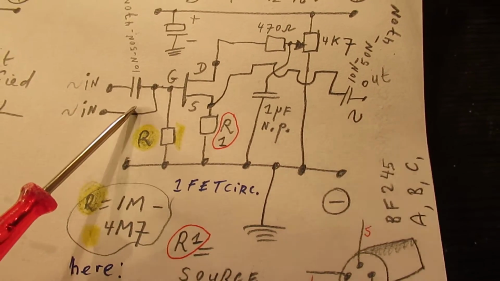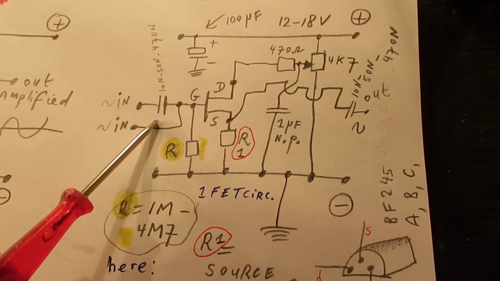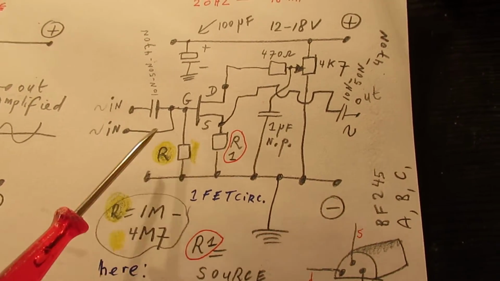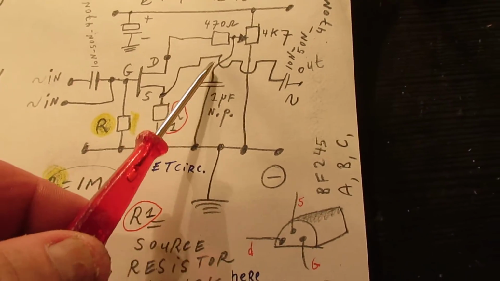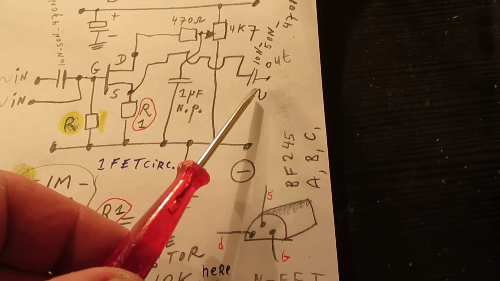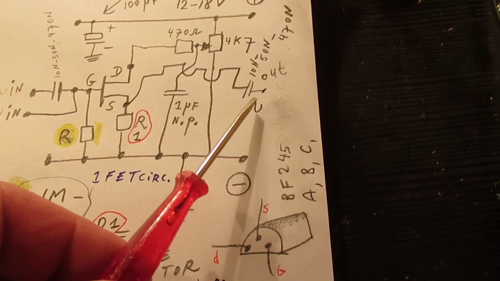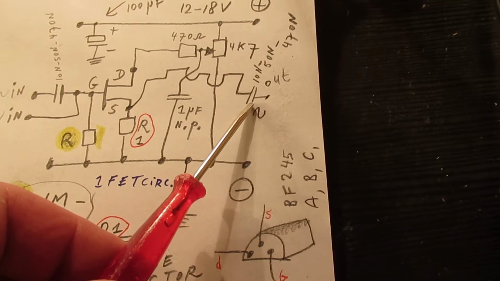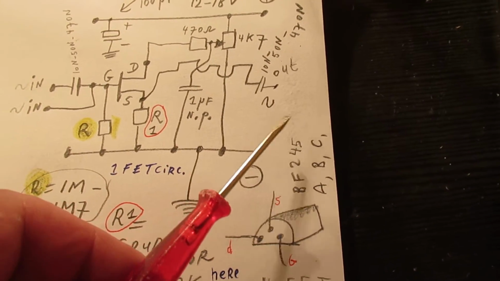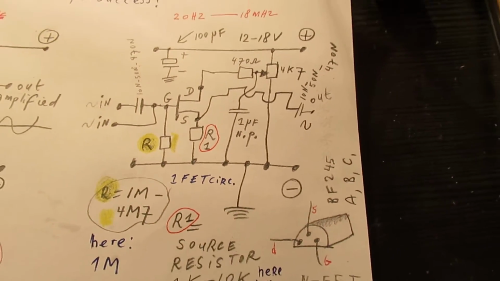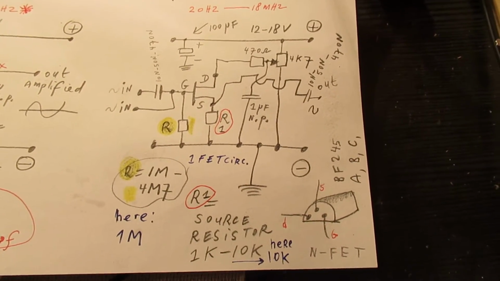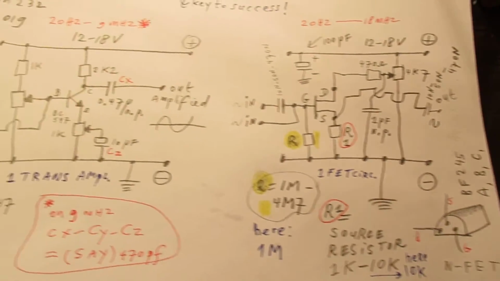And the output capacitor here could be between, say, 1000 picofarad and 10 nanofarad, and after that you can amplify that radio signal extremely with this circuit.